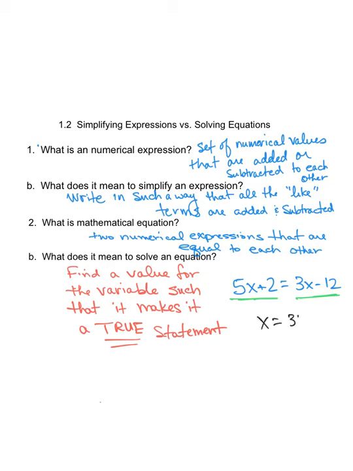X equals 32. It must make it a true statement. Is everybody okay with that? And ladies and gentlemen, the reason I put emphasis on this is because I'm gonna ask you this question umpteen times this year. You'll hear it at least 50 times. You need to find it, because we're gonna solve a ton of equations. And you know that they're solved if the value makes it a true statement.